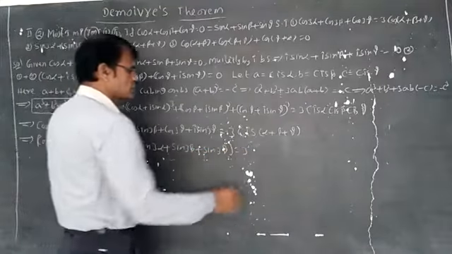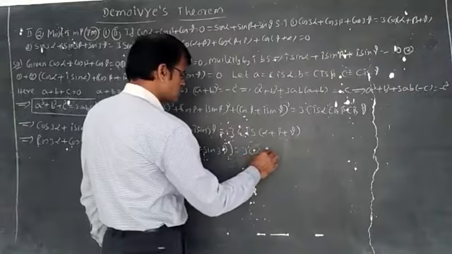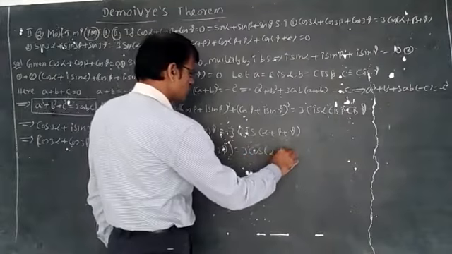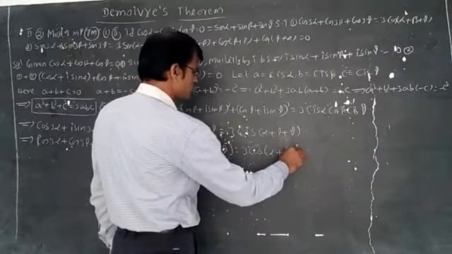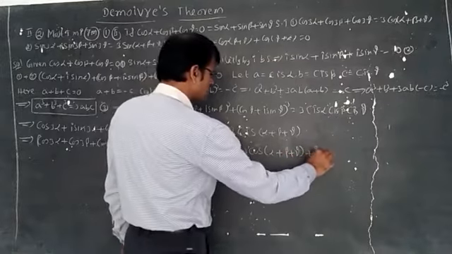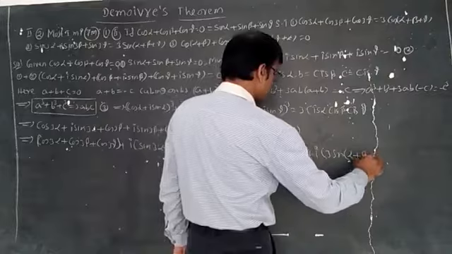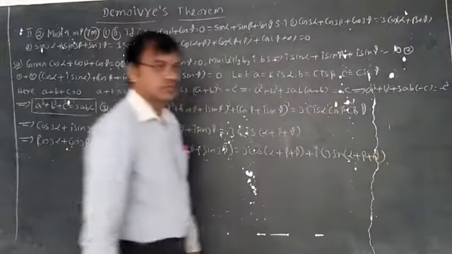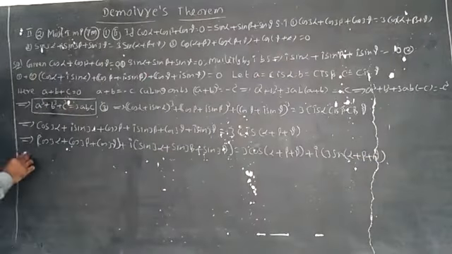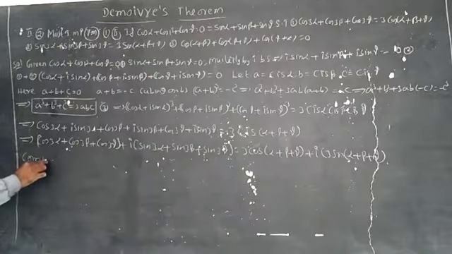Here you expand cis, meaning cos plus i sin. So 3 into cos of alpha plus beta plus gamma plus i into 3 sin of alpha plus beta plus gamma. Now comparing real and imaginary parts on both sides.